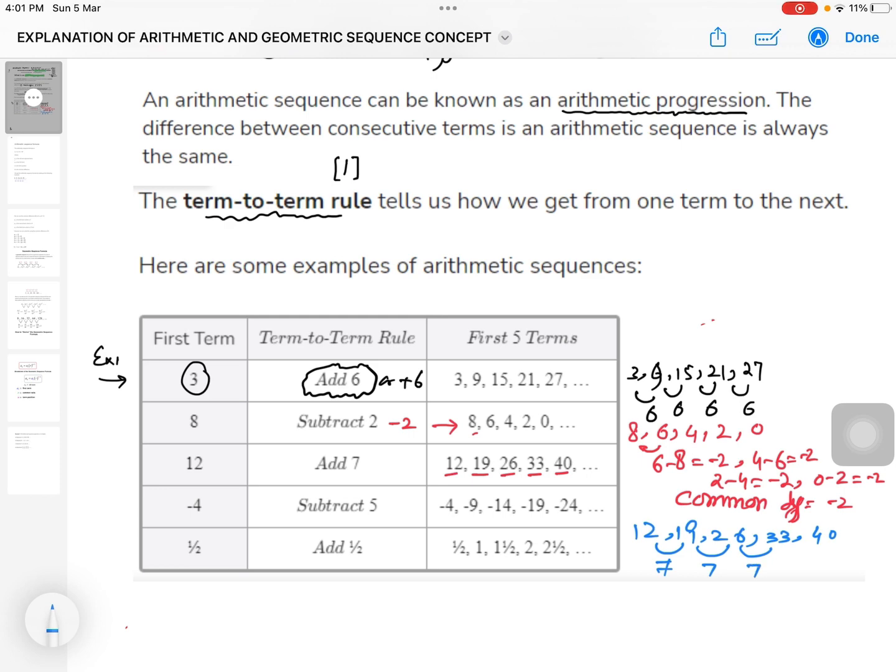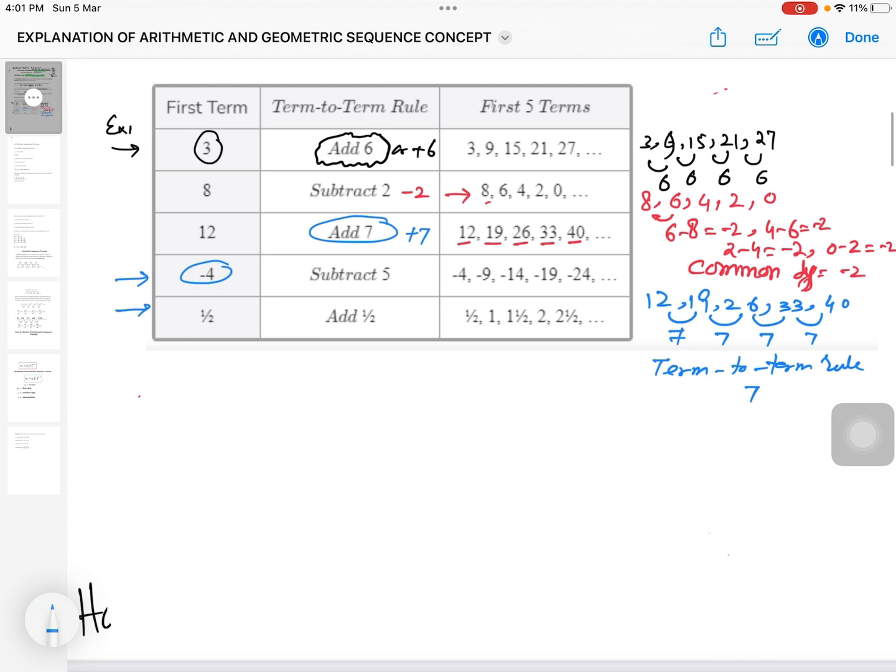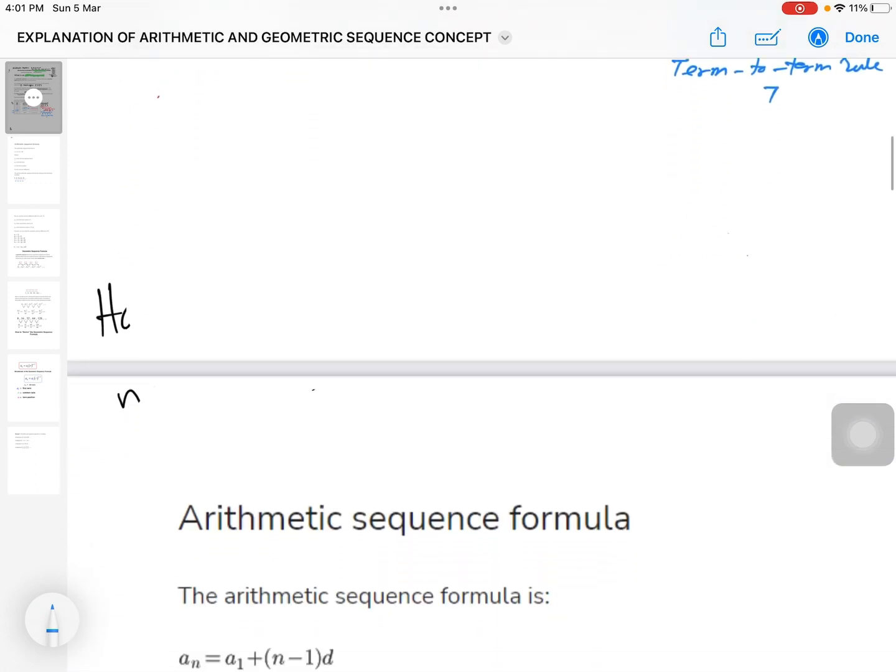And of these two? 7. And these two? 7. So the term to term rule is what? The term to term rule is add 7. So we say add 7. Similarly, you can see this one and this one yourself. So these are examples of arithmetic sequences.